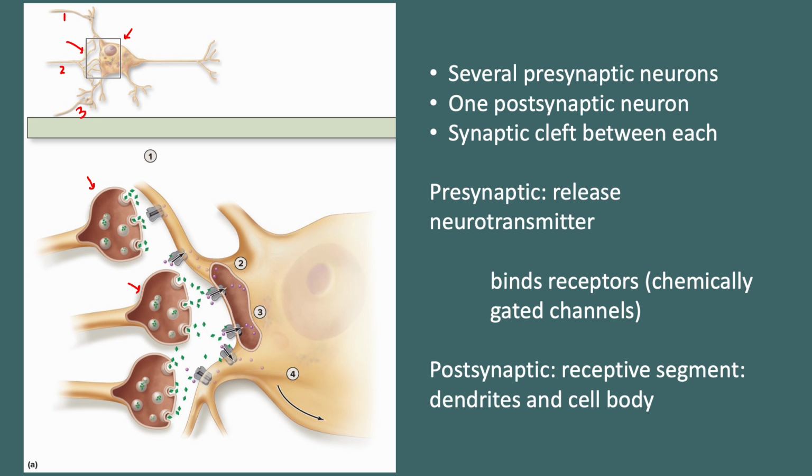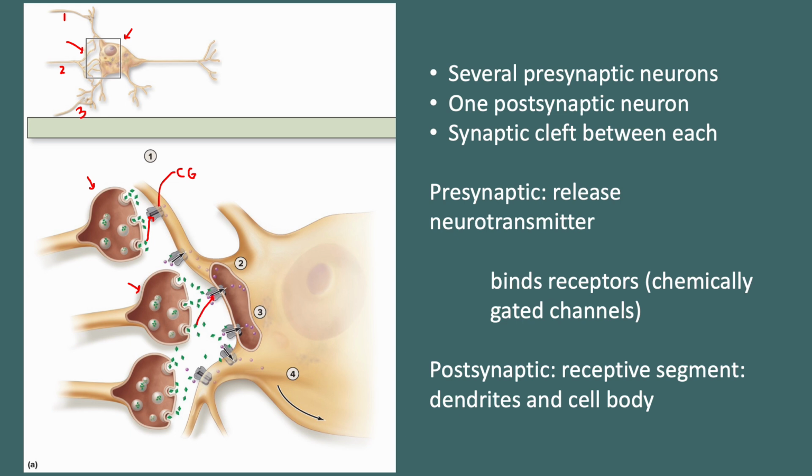Now, on our postsynaptic cell, we are going to have what we call chemically gated channels. And I'll represent those with a CG as we move forward. They're chemically gated, or synonymous with our ligand gated, because they bind chemical. And that chemical is the neurotransmitter that is released from the presynaptic neurons.